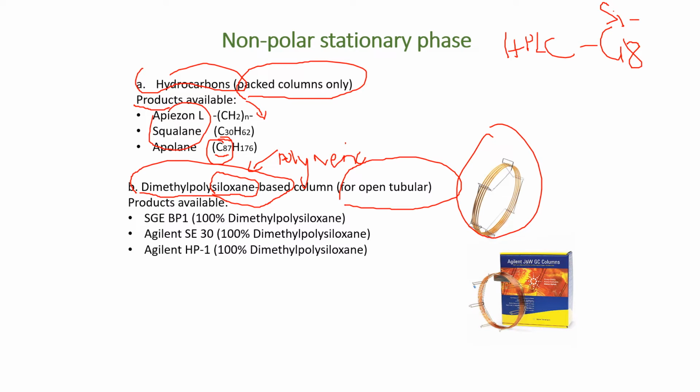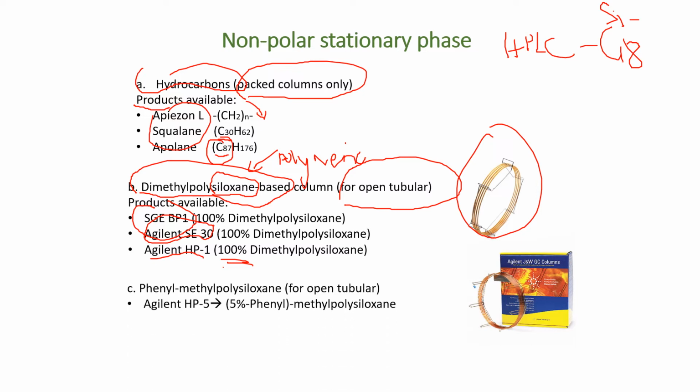Products available are SGE BP1, Agilent HP1, and Agilent SE30. This is 100% dimethyl polysiloxane, so typically used for petroleum separation.